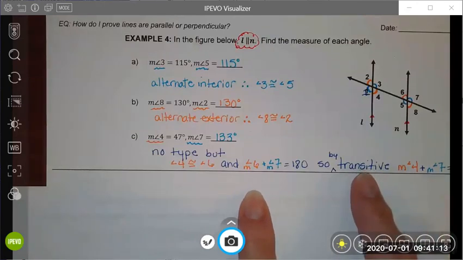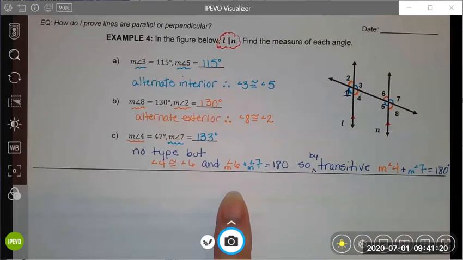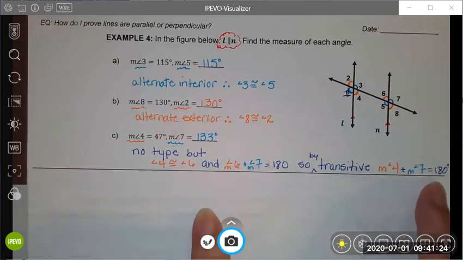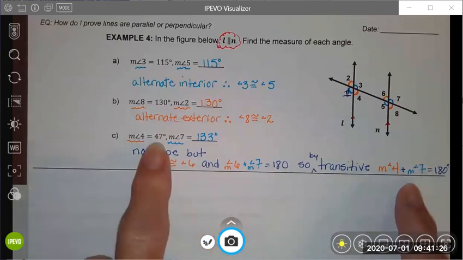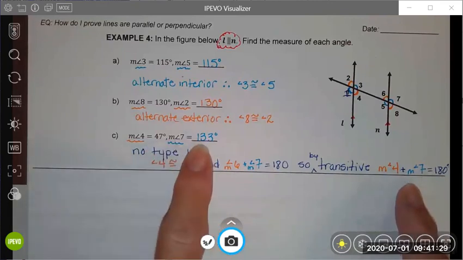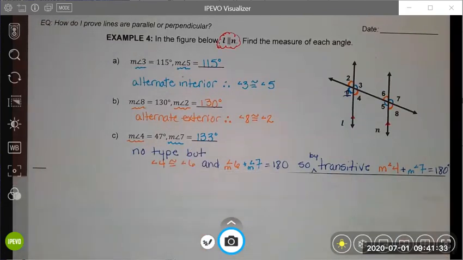I would argue that this is substitution, not transitive. We'll learn more about that later. And once I know that angle 4 and angle 7 are supplementary, I can subtract the measure of angle 4 from 180 and conclude that the measure of angle 7 is 133 degrees.